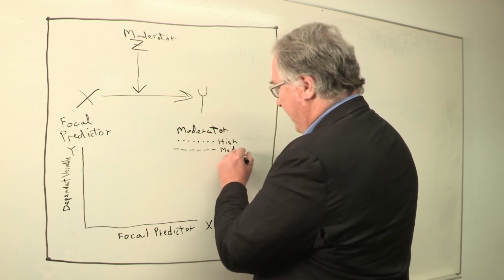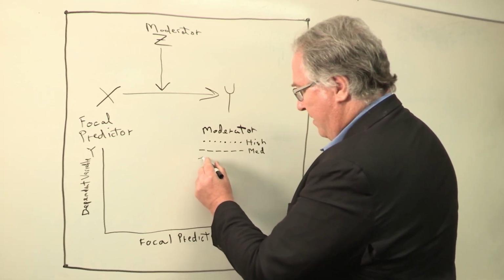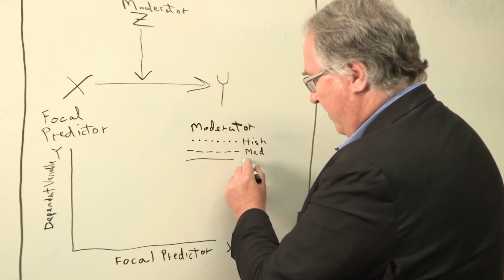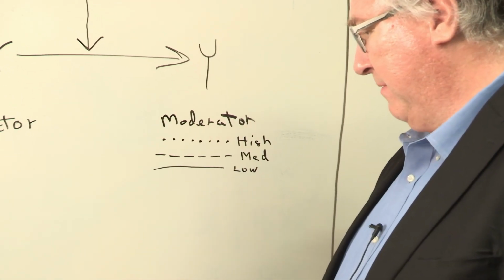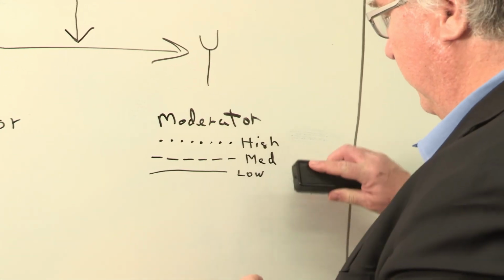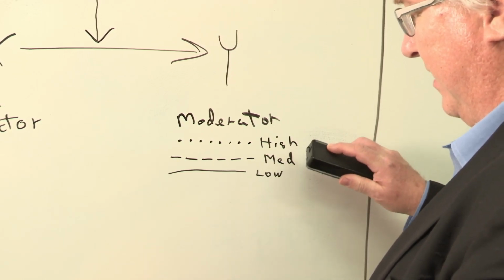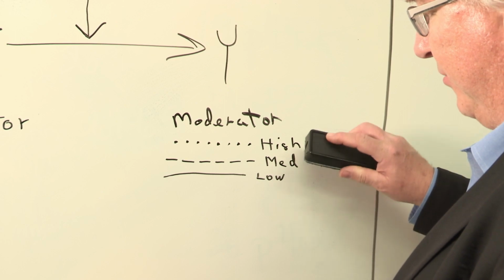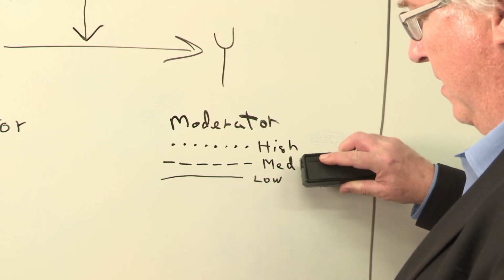And this is medium level on the moderator. And then, here we have low on the moderator. Okay, now, but watch what happens. Amazing what you can do with a marker. See, like this. So you can understand this conceptually as having these 3 levels on the moderator: high, medium, and low.